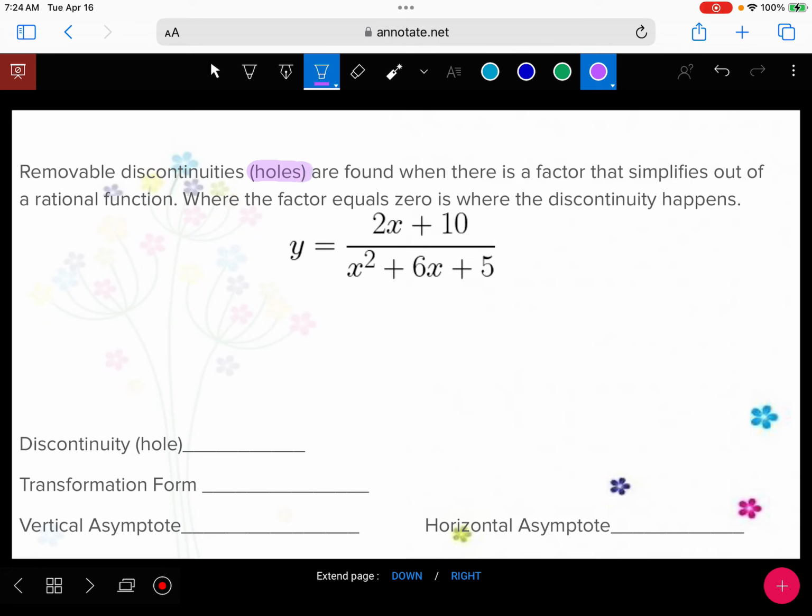So a hole, which is also called a removable discontinuity, is what happens when we simplify something out, when we have a factor that cancels out. So we're going to look at this equation here to see our first removable discontinuity.